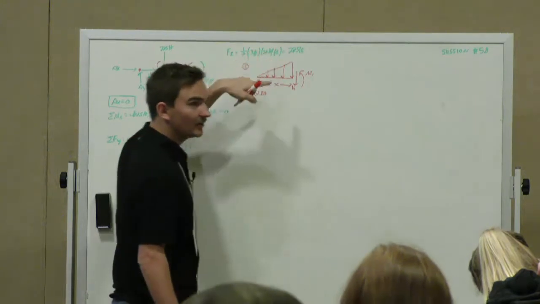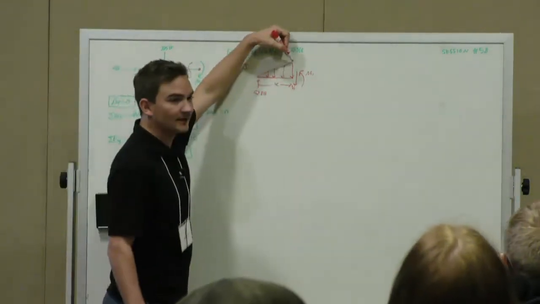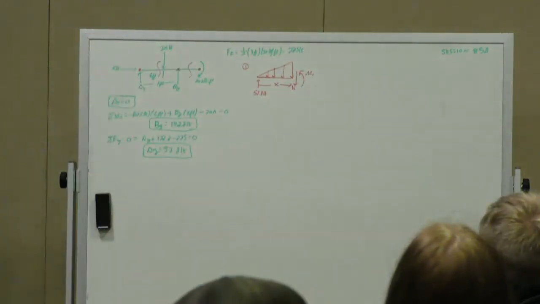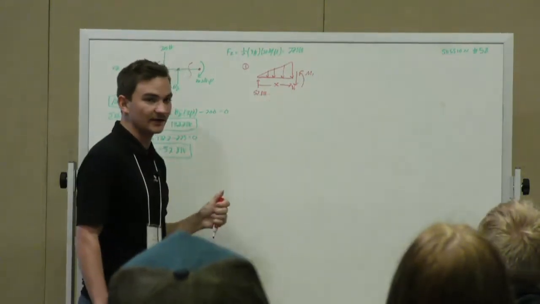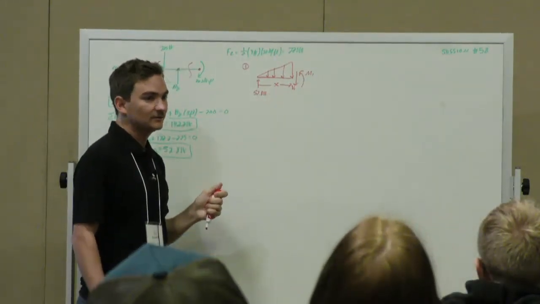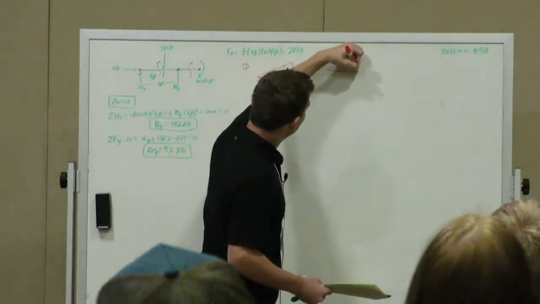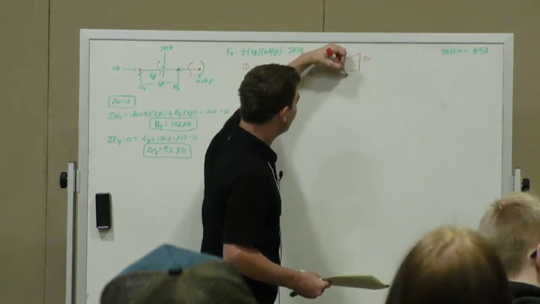But the key part for the distributed loads, for the triangular ones, how do we now determine this height? So the height originally was 50 pounds per feet, but that was at 9 feet. How do we determine it at a distance of x feet? Yeah, so one way is we could do similar triangles. So the original one was a height of 50, acting at 9 feet.